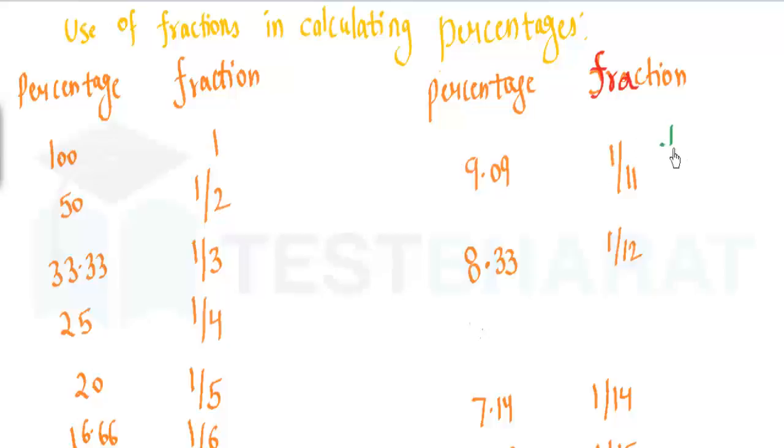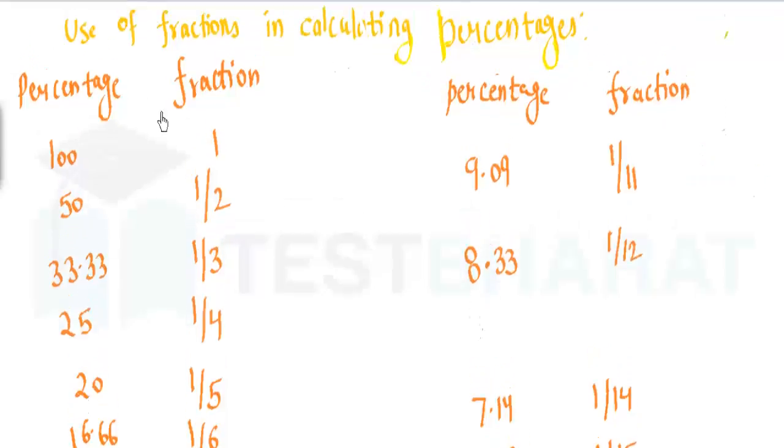So if I multiply 1 by 11 into 100, then I will get 9.09. Know that 100 percentage is 1, 50 percentage is 1 by 2, 33.33 percentage is 1 by 3, and so forth.